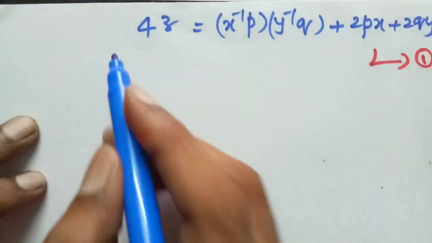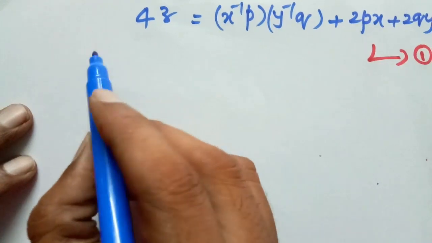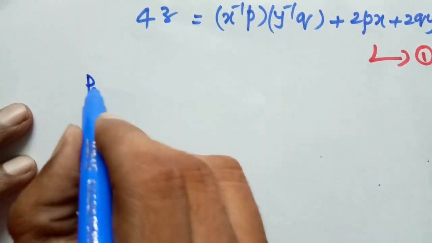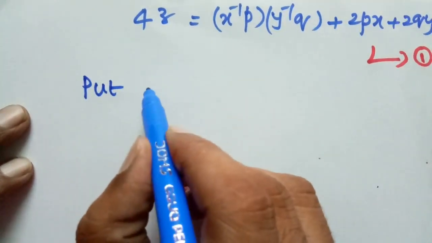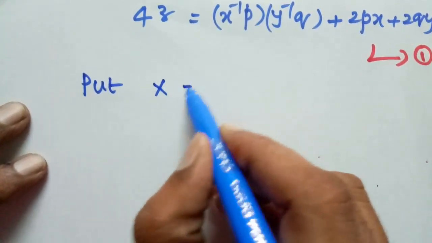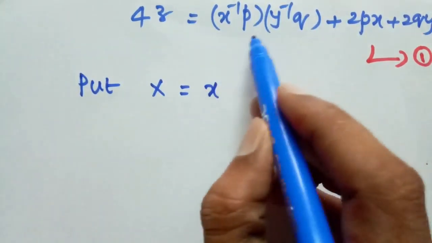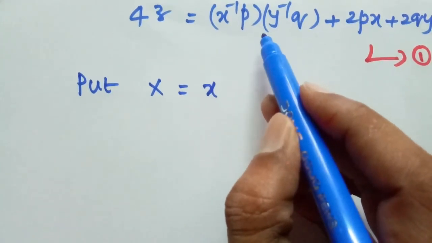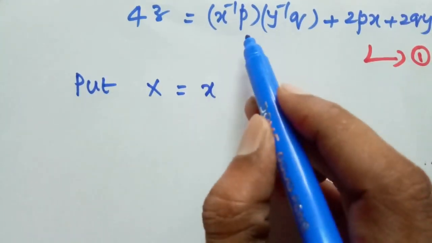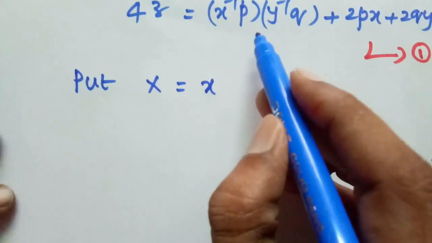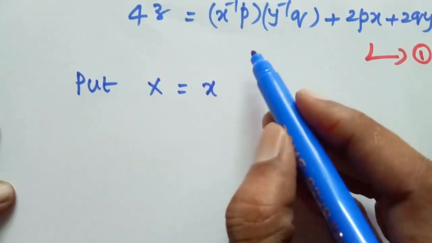Now put capital X is equal to x to the power of 1 minus m. In type 5 or type 6 we have seen z to the power of 1 minus m.